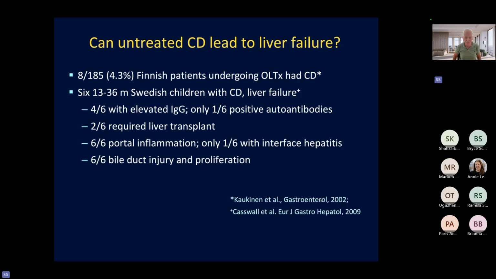They all had portal inflammation, but only 1 out of 6 had interface hepatitis. So it's hard to say whether these patients did have, in fact, autoimmune hepatitis. But again, patients with an upregulated immune system reacting against self are likely going to have manifestations in multiple organs.